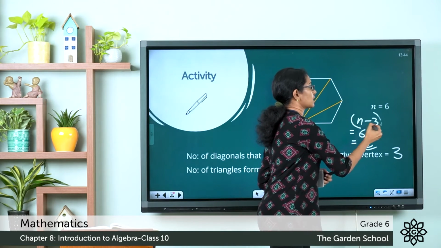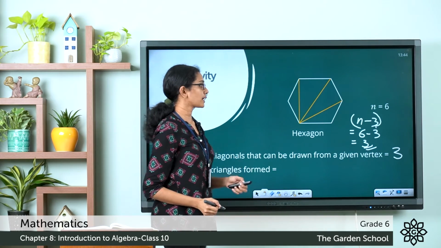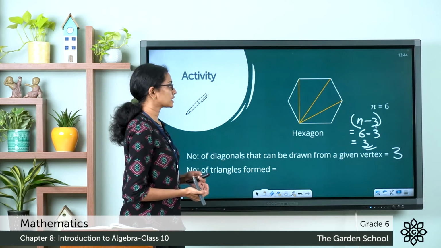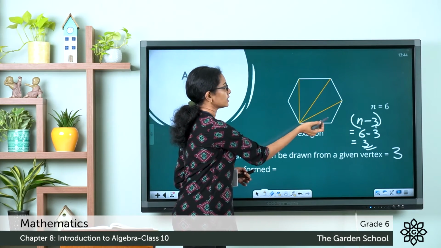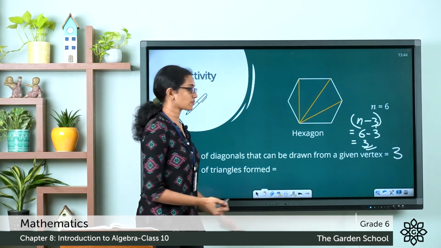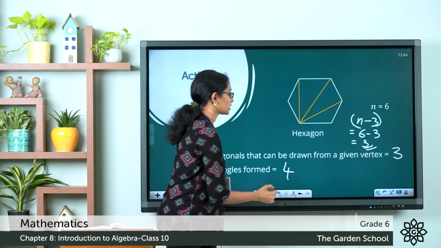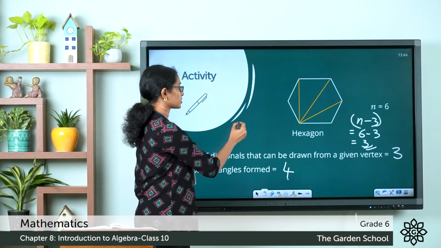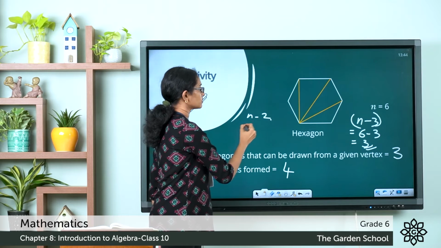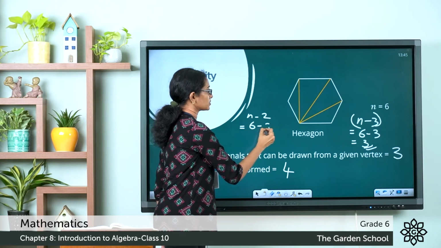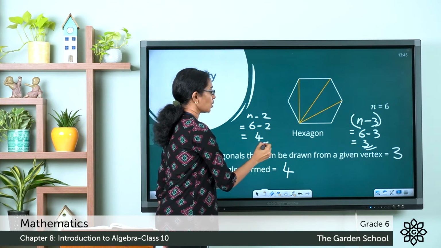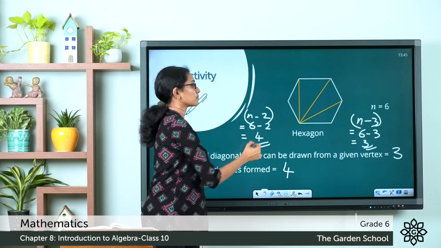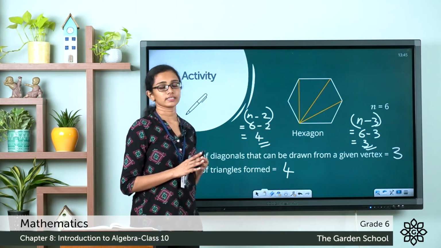Yes, this holds good in the case of hexagon. Now what about the triangles formed? 1, 2, 3, 4. There are 4 triangles formed here. Let's check the expression n minus 2. n minus 2 becomes 6 minus 2 and it is equal to 4. Yes, the expression n minus 2 holds true for hexagon.